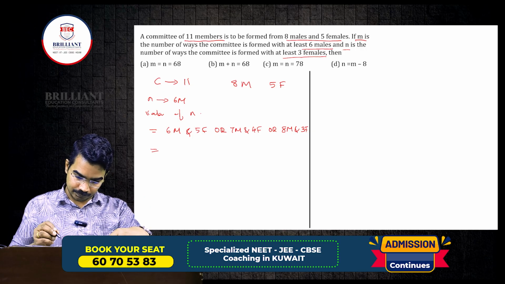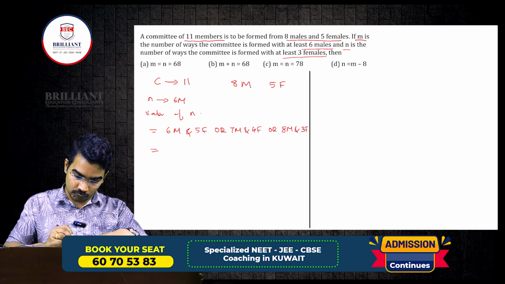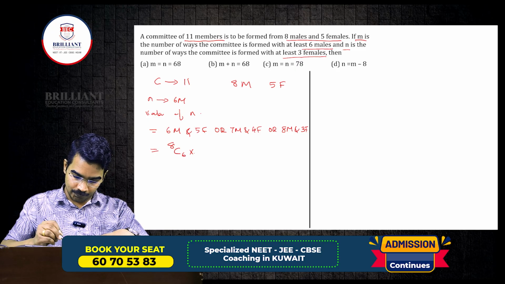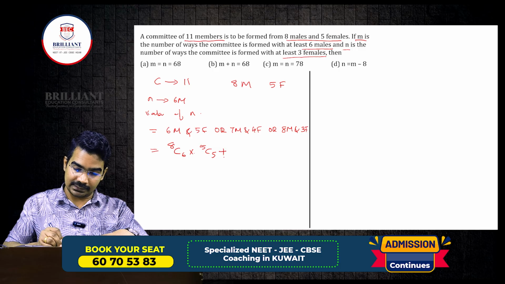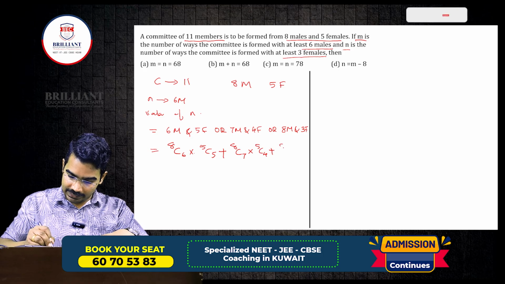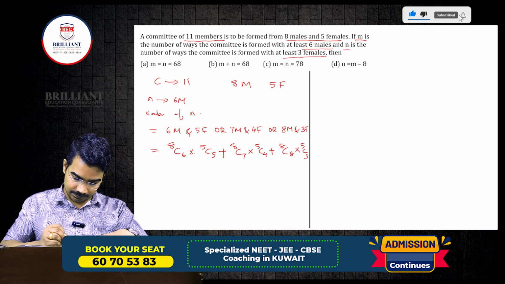So 6 males have to be chosen from 8, so 8C6, into 5 females chosen from 5, so 5C5, plus 8C7 into 5C4, plus 8C8 into 5C3.